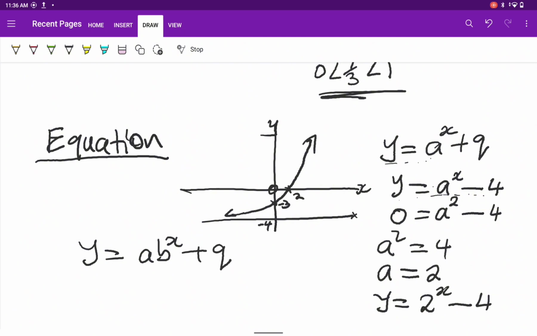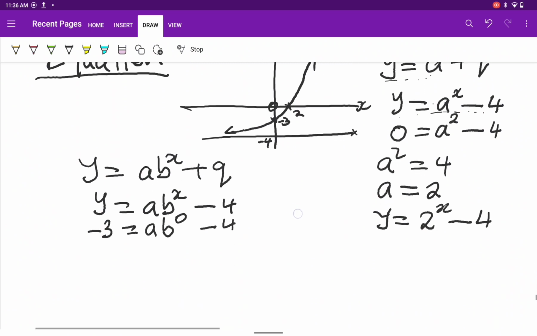Now if we substitute the -4 there, we'll have a b exponent x minus 4. Now we want to get this a here, so we substitute this y-intercept. So we have -3 equals a b to the power 0, because the x value at the y-intercept is 0, then we have minus 4.